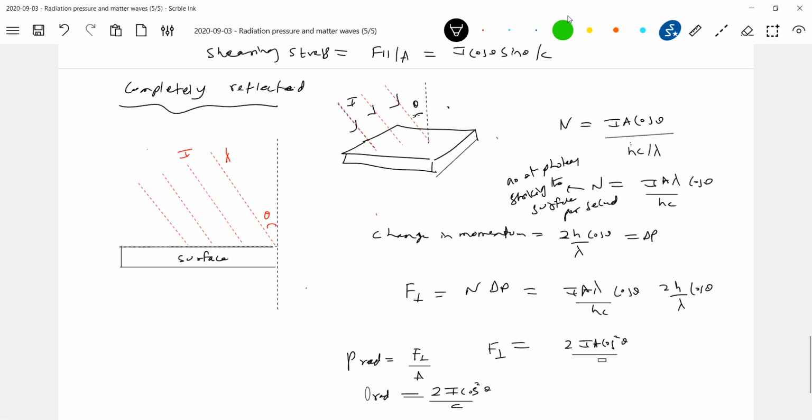Tell me how this force will act. This F perpendicular, how will this force act? Reflected, no? Not only absorbed, reflected. I'll continue the diagram.